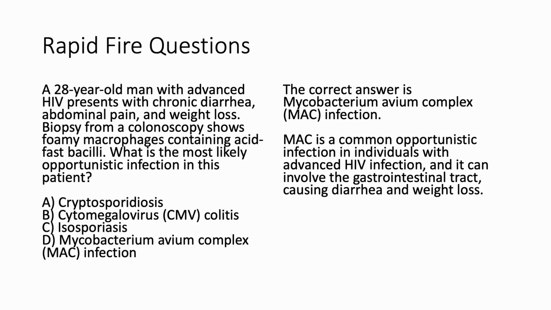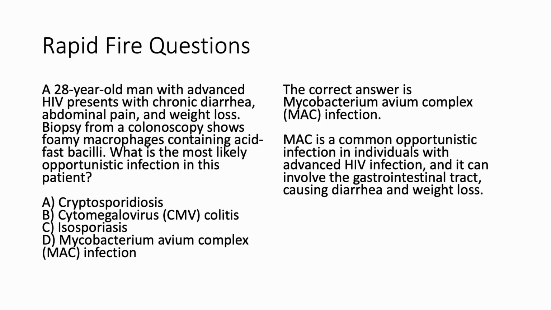A 28-year-old male with advanced HIV presents with chronic diarrhea, abdominal pain, and weight loss. Biopsy from a colonoscopy shows foamy macrophages containing acid-fast bacilli. What is the most likely opportunistic infection in this patient? Is it crypto, CMV, isosporiasis, or a MAC infection?